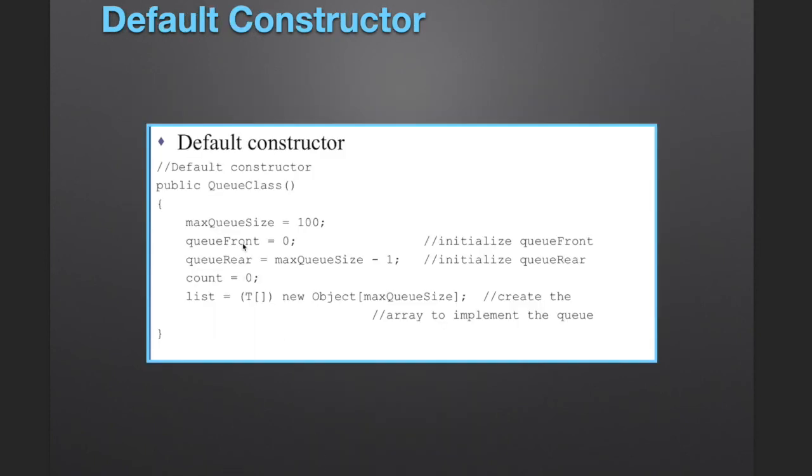Here is just an example of a constructor. For your default constructor, you need to specify the size or capacity of the queue, initialize front with 0 and rear with capacity minus 1, and you have a counter here to keep track.